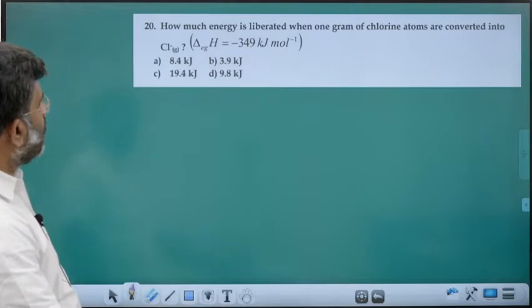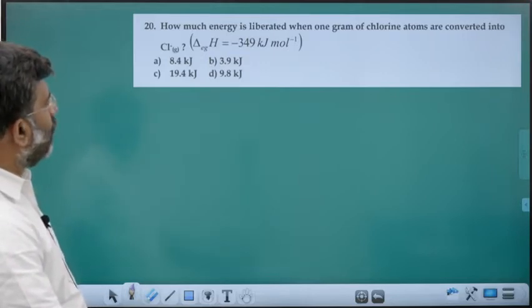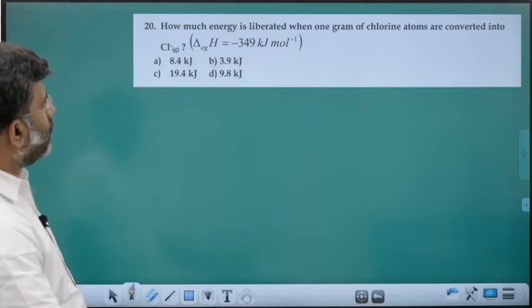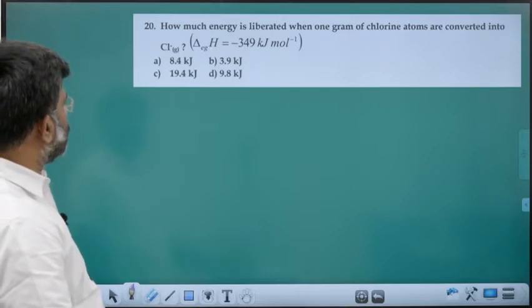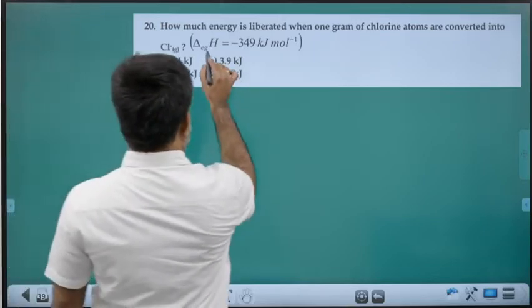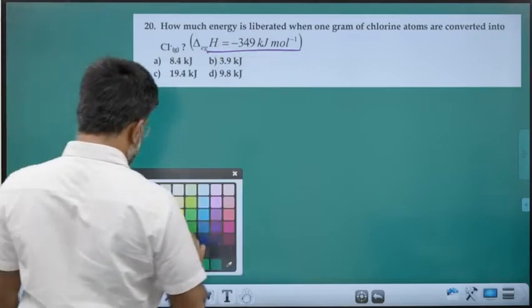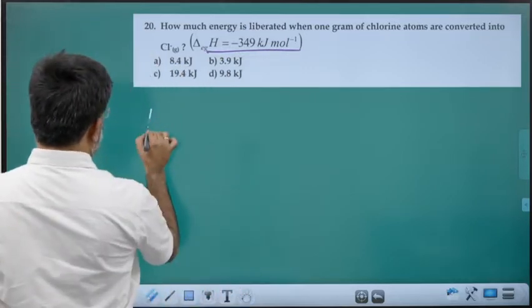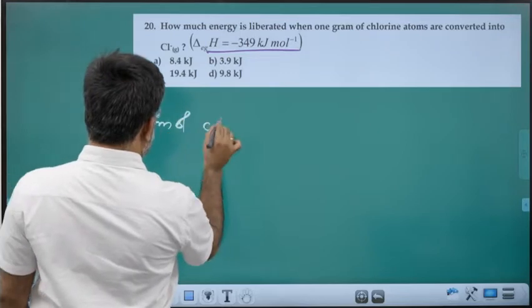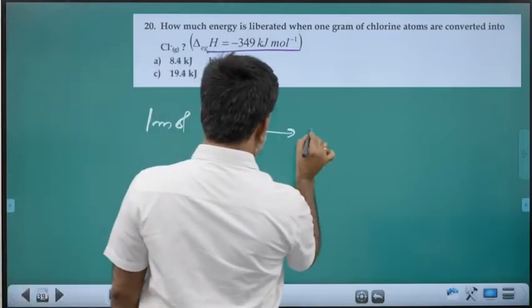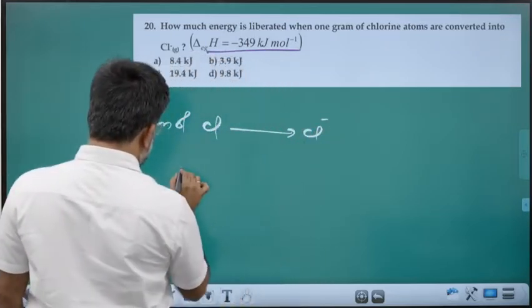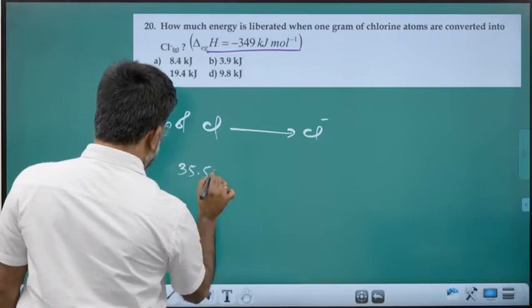How much energy is liberated when 1 gram of chlorine atoms are converted to Cl minus? Electron gain enthalpy is given as minus 349 kilojoule per mole. Simple. 1 mole chlorine converted to Cl minus. 1 mole chlorine means 35.5 gram.